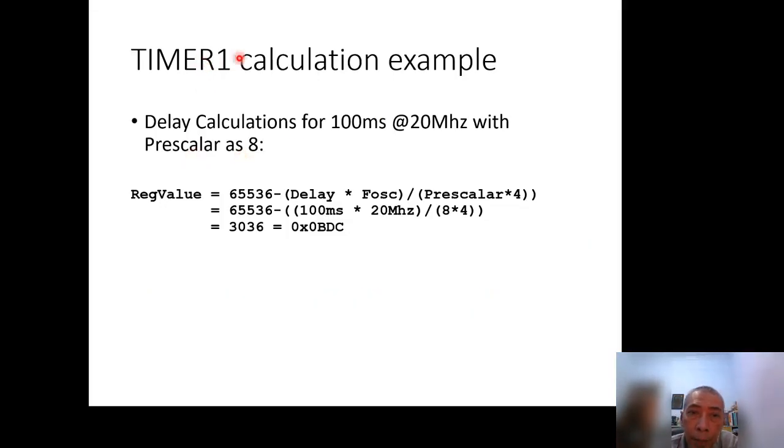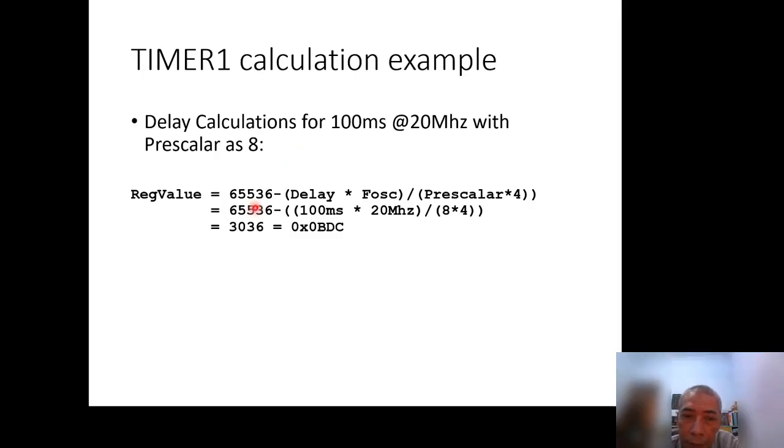The timer 1 calculation example is according to our previous slides. For example, if we want to calculate a delay of 100 milliseconds with a PIC frequency of 20 megahertz and a prescaler of 8, we can use the equation from the previous lecture.